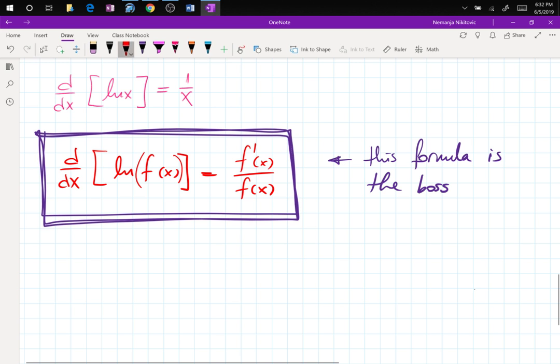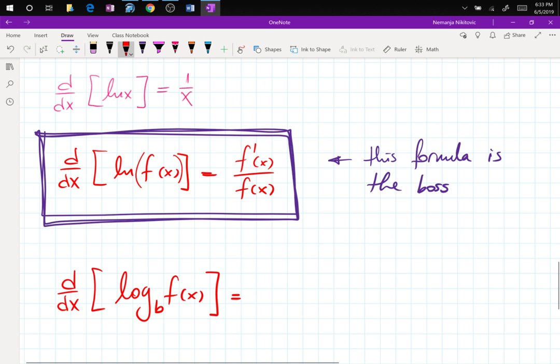Now we are going to write the general case, the derivative of log of any base b of f of x. Again, you don't see log base 3, log base 7, log base 12. You see log base e, which we abbreviate as ln, and you see log base 10, which is just log without any base. Those are the two that are everywhere.